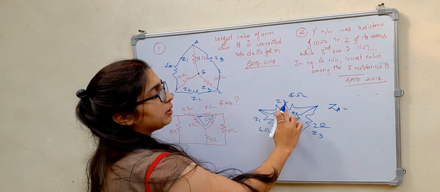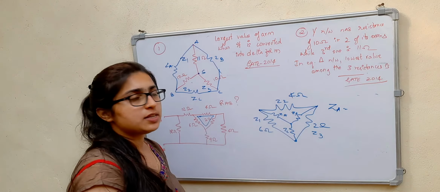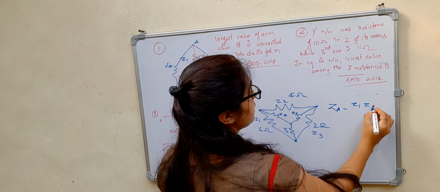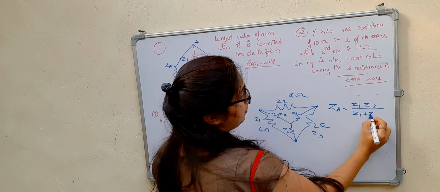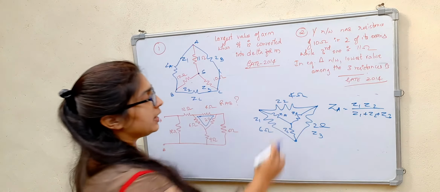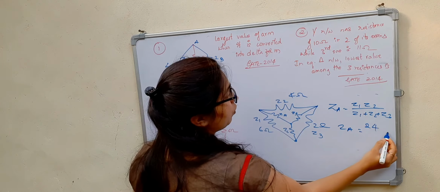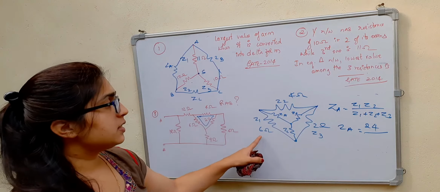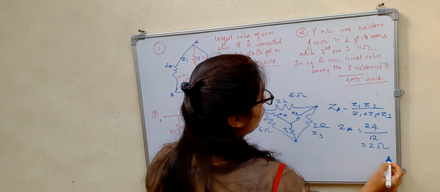ZA is nothing but the multiplication of the adjacent branches divided by the sum of all the impedances, right? So here ZA is equal to 6 into 4, that is 24. The sum is 6 plus 4, 10, plus 2, 12 ohms. So this is equal to 2 ohms.